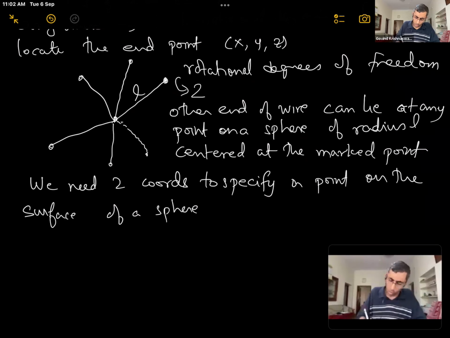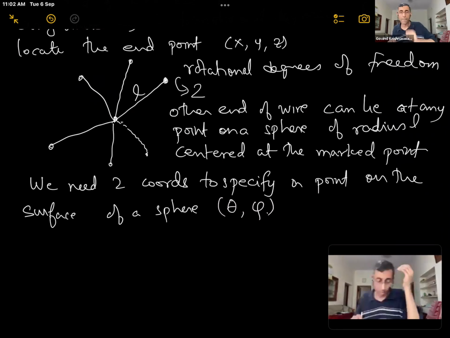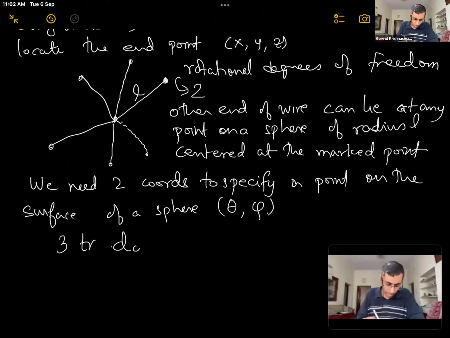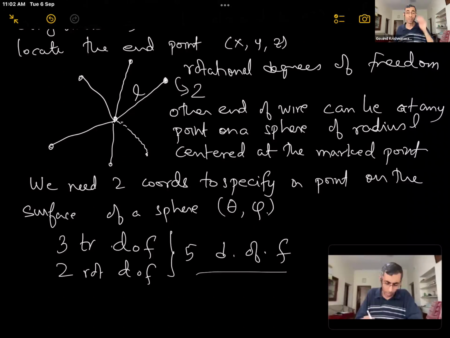Yeah, and these 2 coordinates could be the polar and azimuthal angle in spherical polar coordinates, for instance. All right. So combining the results so far, the final answer is that we have 3 translational degrees of freedom and 2 rotational degrees of freedom. That's a nice way of splitting them. So a total of 5 degrees of freedom, okay, for this system.